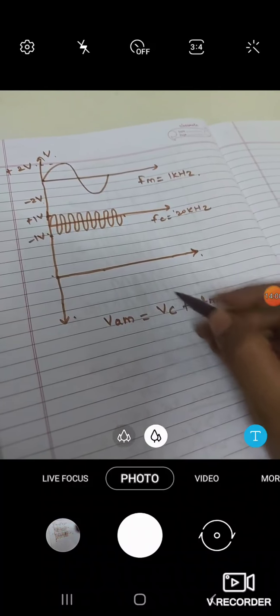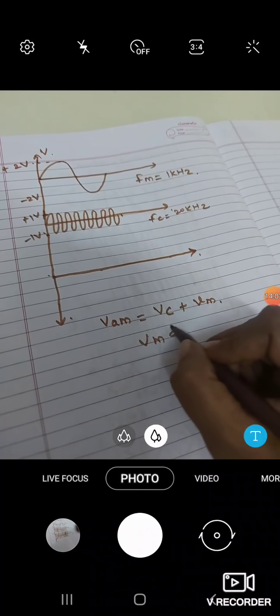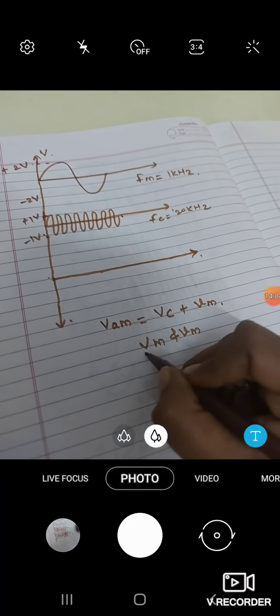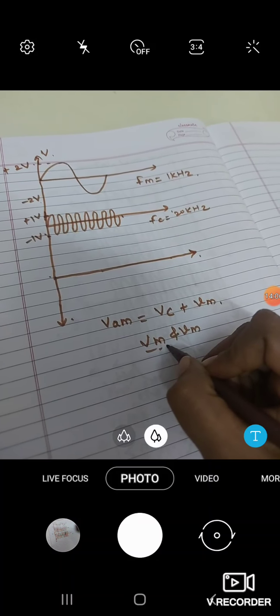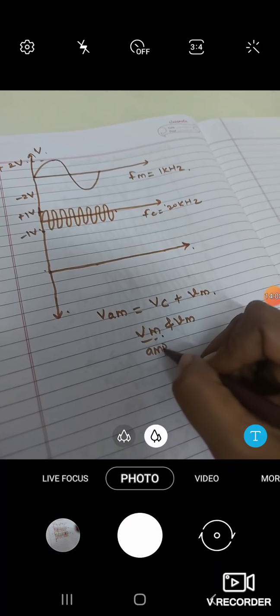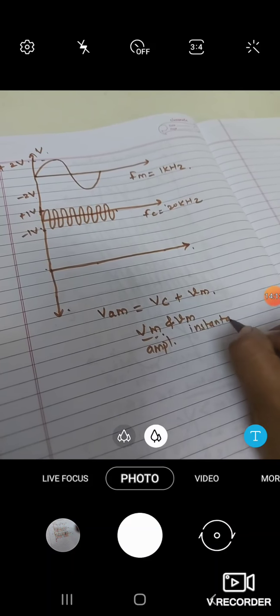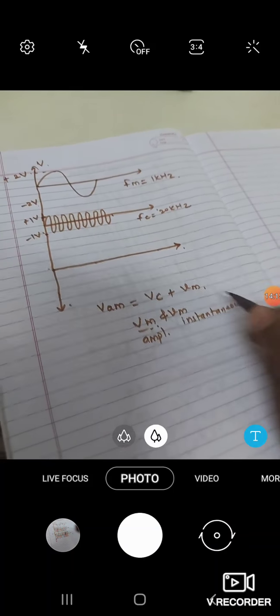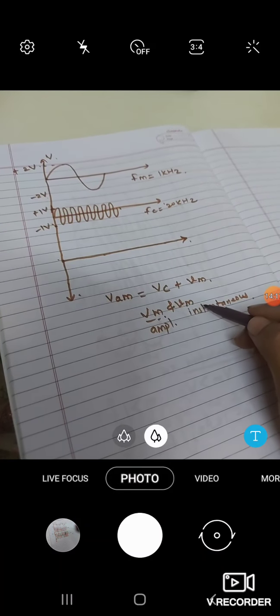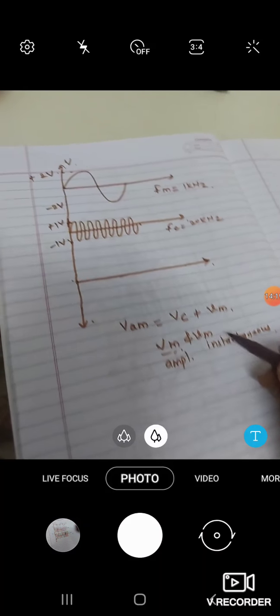So what is the difference between this capital Vm and this small Vm? The value of capital Vm is fixed. Capital Vm is nothing but the amplitude of the signal, and small Vm means the instantaneous value of the particular signal. So this small Vm is the instantaneous value of the signal which is changing at each point.